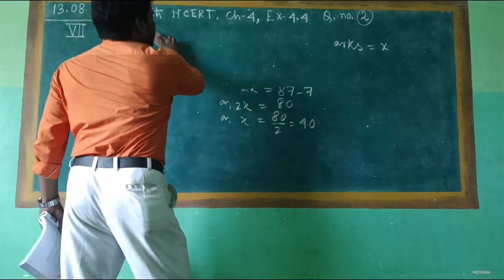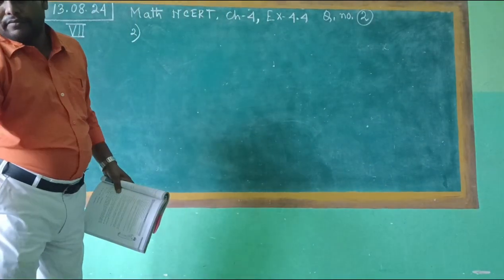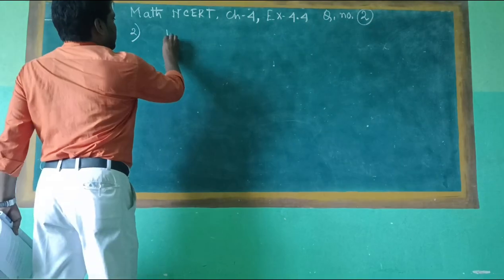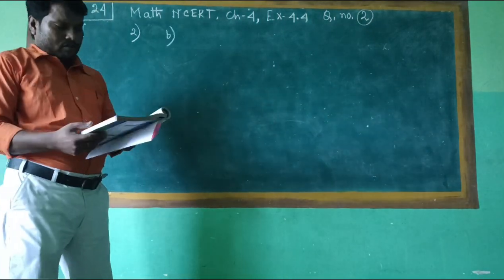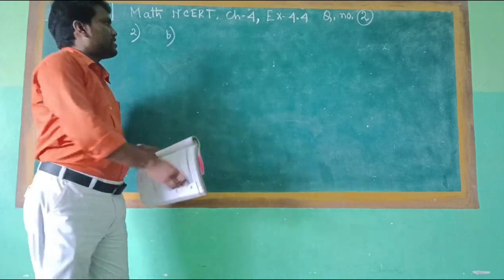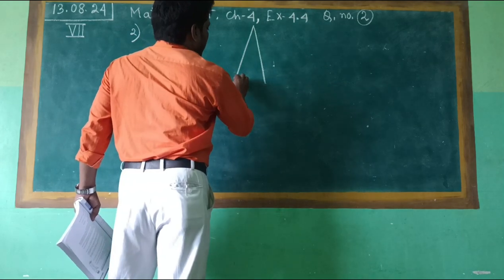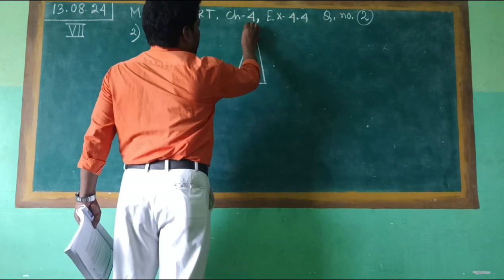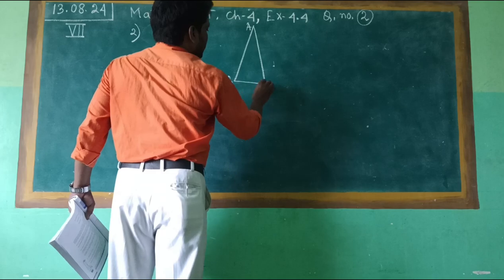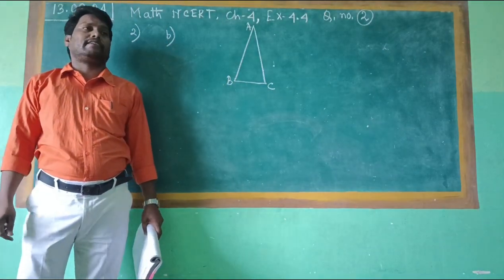Next, question number B. In an isosceles triangle. Isosceles triangle means two sides are equal, but one is unequal. Suppose ABC is an isosceles triangle.